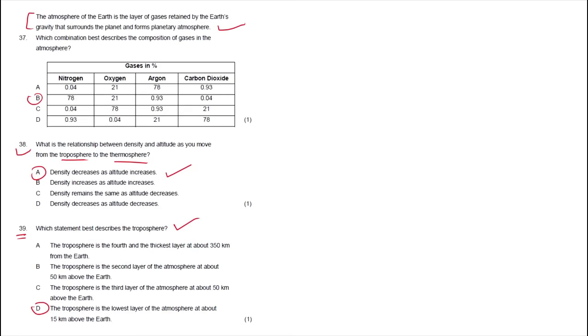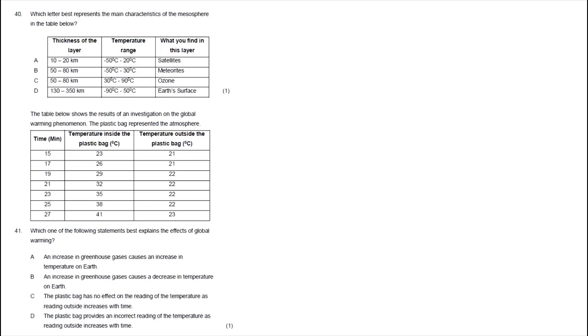So the correct answer will be D, which says that the troposphere is the lowest layer of the atmosphere at about 15 kilometers above the Earth. So, like I said, this is the layer closest to the Earth's surface. Okay, and then next we will move to our next question, which is question 40.